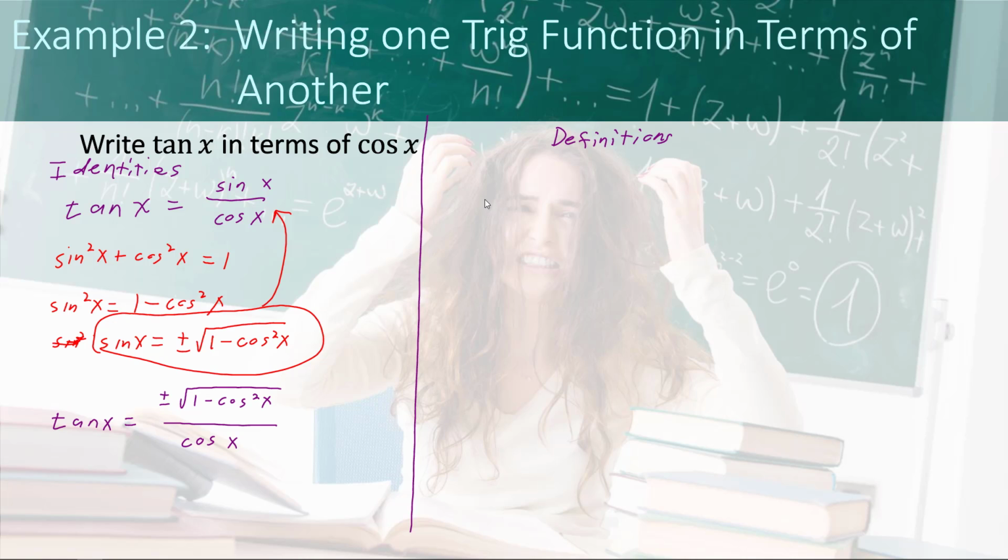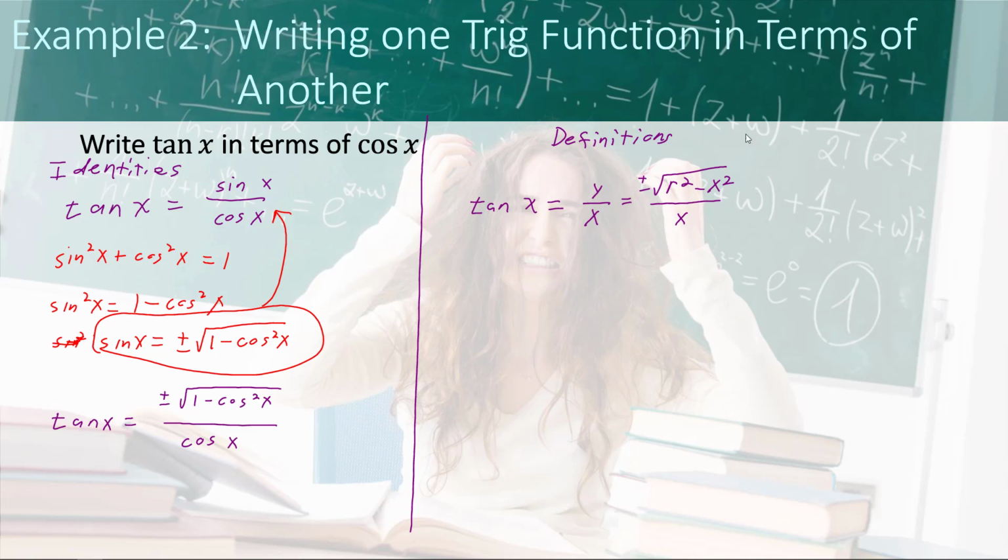Well, the tangent of x is equal to y over x, and we can write y as plus or minus the square root of r squared minus x squared, all over x.